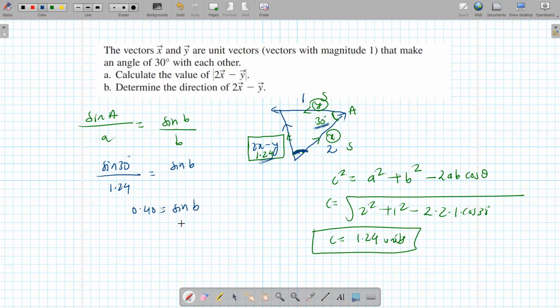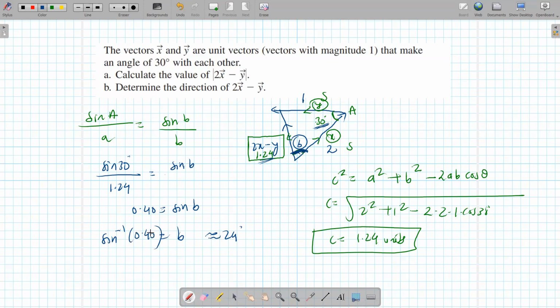Whenever you're trying to find the angle, when the angle is missing, you're always going to do the inverse. So B is the angle that we're interested in, this angle down here. It's going to be the sine inverse of 0.40, okay? Which is 24 degrees. So this 2x minus y is 24 degrees away from the x vector.